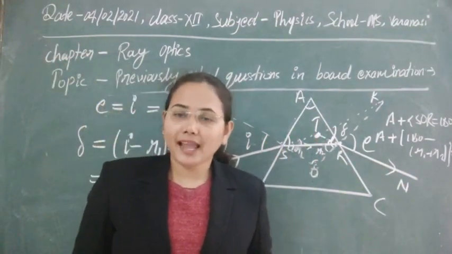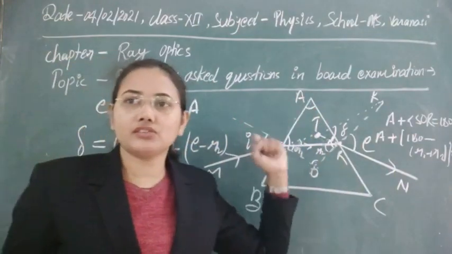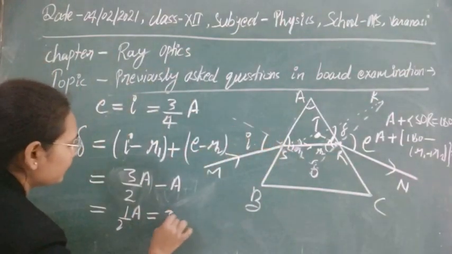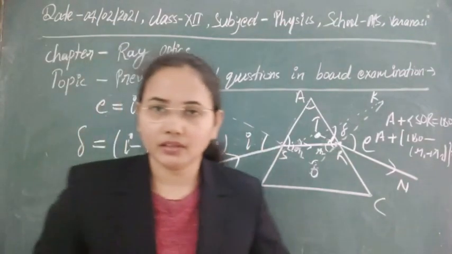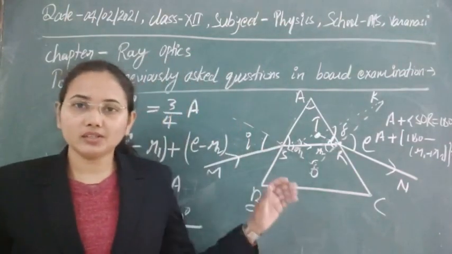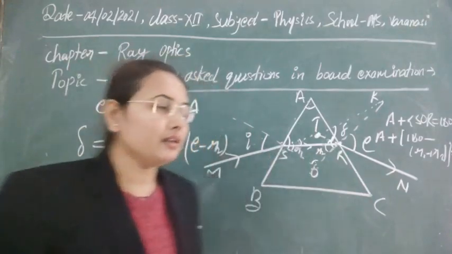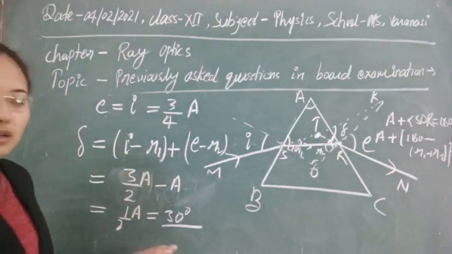It means that the angle of prism will be equal to 60 degrees here. So if you put A equal to 60, then the angle of deviation will be equal to 30 degrees. So simple, by using the geometry, by using prism property, you can easily understand what the condition is and what you have to use here.